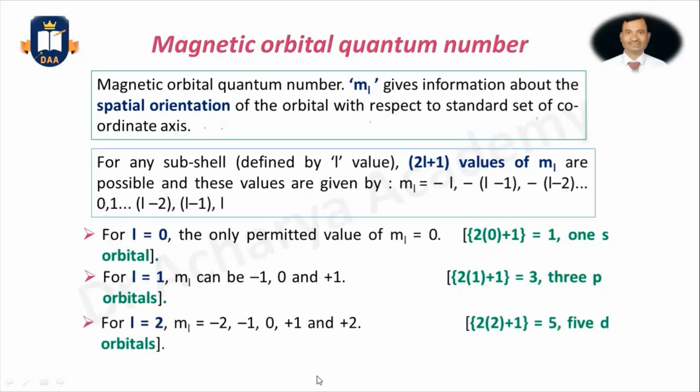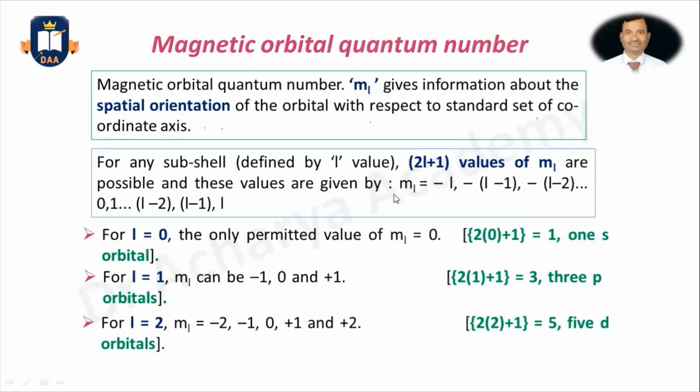Now case number 3: when l is equal to 2. Here 2l plus 1, if you put 2, gives 5 values of m subscript l. That means 5 d orbitals. And what are the values of m subscript l? They are minus 2, minus 1, 0, plus 1, plus 2. Why does it start at minus 2?